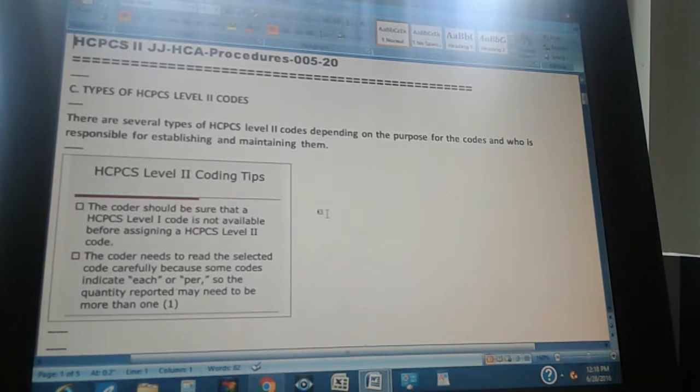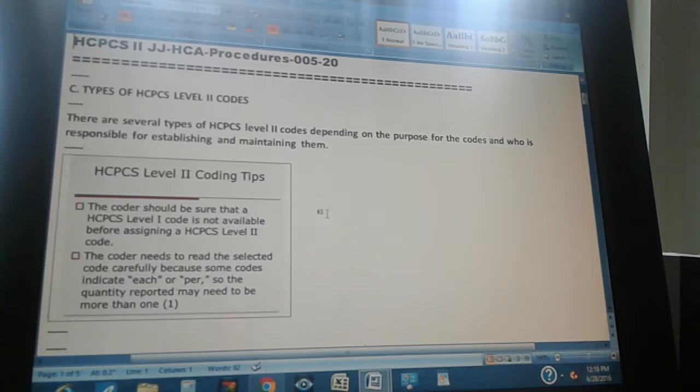Try to find it there. If you don't find it there, then you go to Level 2, okay? First, start with Level 1, which is the CPT. We studied it and did a lot of problems with CPT. So you go to CPT first, and if you don't find that procedure in CPT, HCPCS Level 1, then you go to Level 2, right?